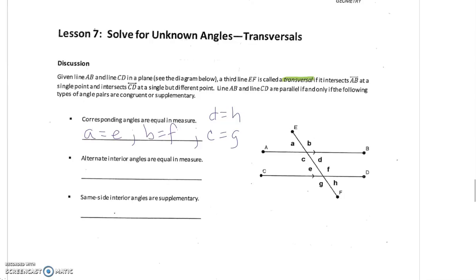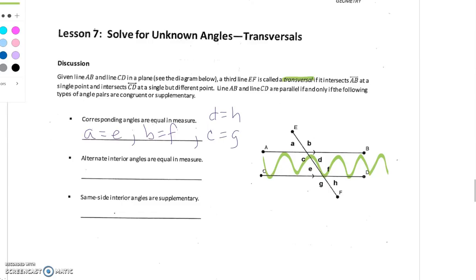Let's talk about alternate interior angles. Alternate refers to the transversal. They have to be on different sides of the transversal line. Interior means that they have to be on the inside here somewhere.